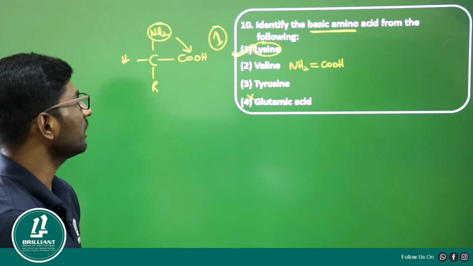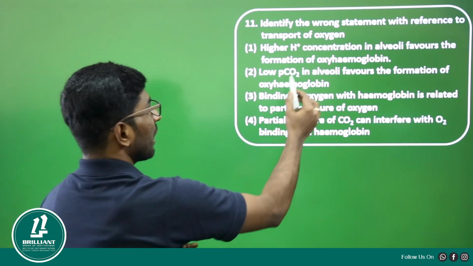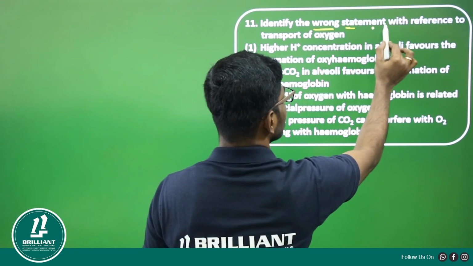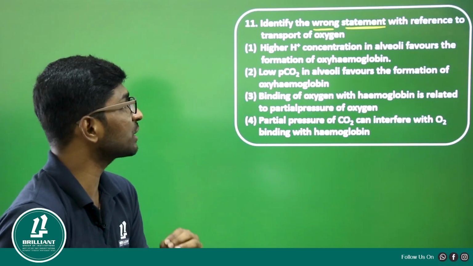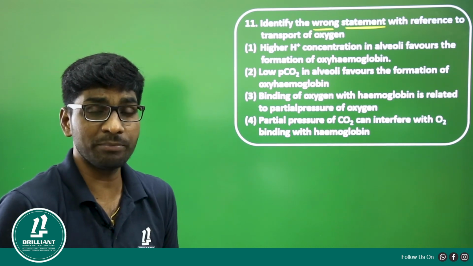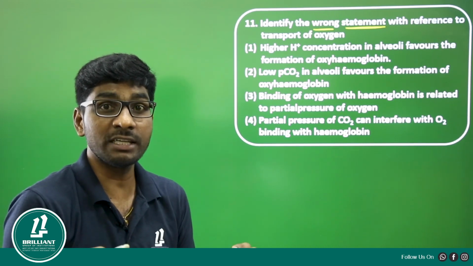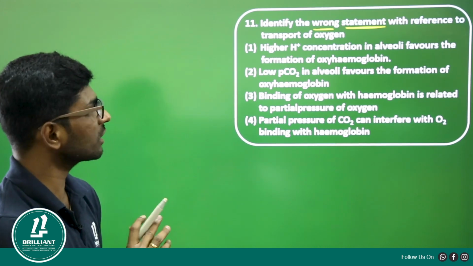Look at question number 11. Identify the wrong statement with reference to transport of oxygen. This question is from 11th grade, breathing and exchange of gases. So look at what the question is asking. Wrong statement we need to identify.